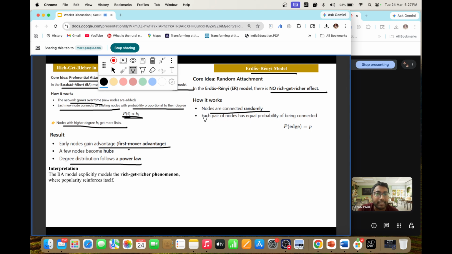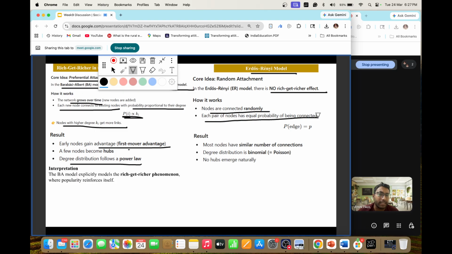Each pair of nodes has equal probability of being connected, that is, with some probability P. Most nodes have a similar number of connections. The degree distribution is binomial or Poisson. No hubs emerge naturally. So the interpretation: in ER networks, popularity does not influence future connections, so rich get richer does not occur.